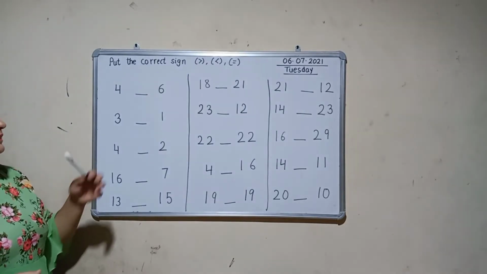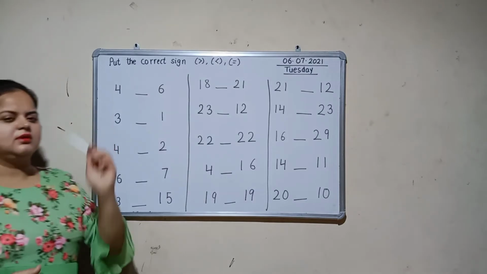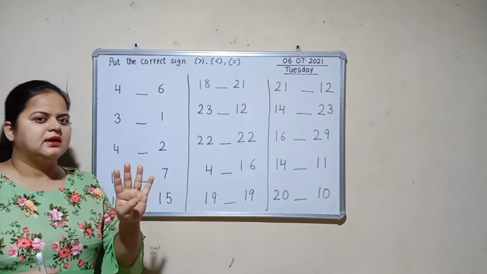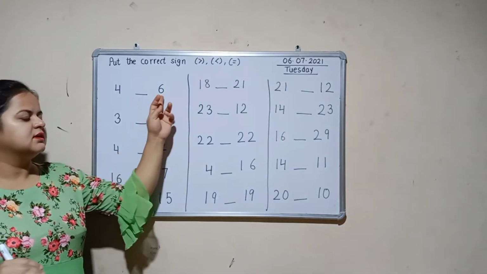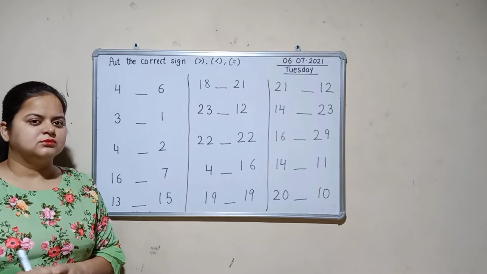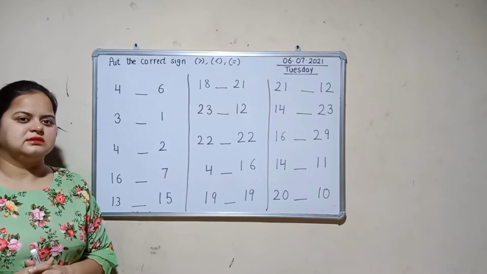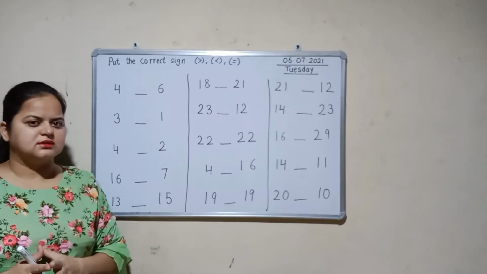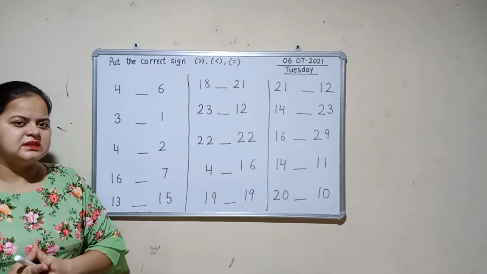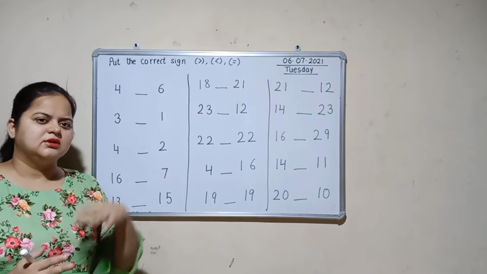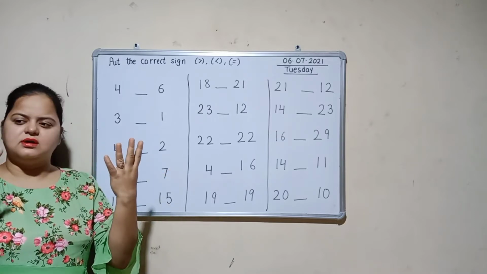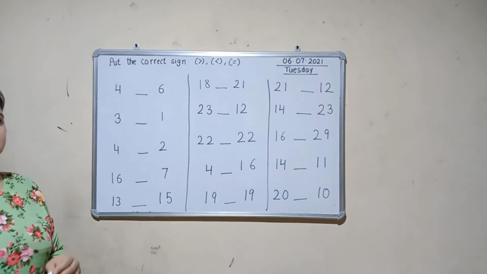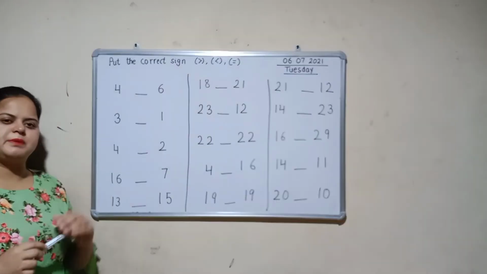See, if someone has 4 pencils and the other child has 6 pencils, who has more pencils, 4 or 6? 6 pencils are more than 4 pencils.